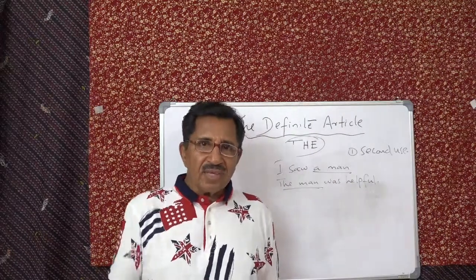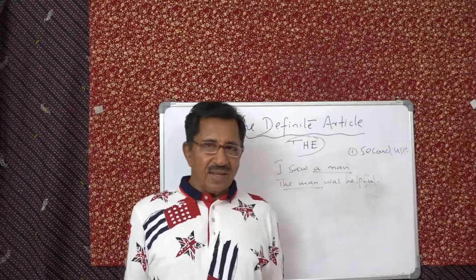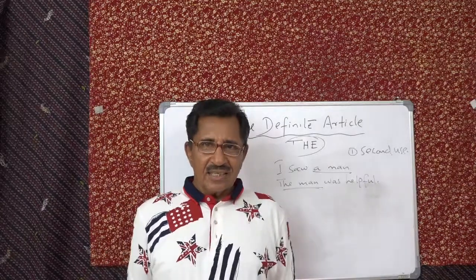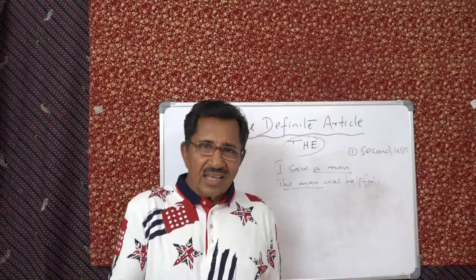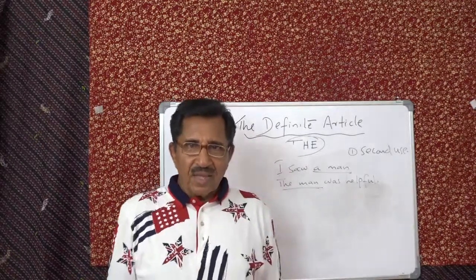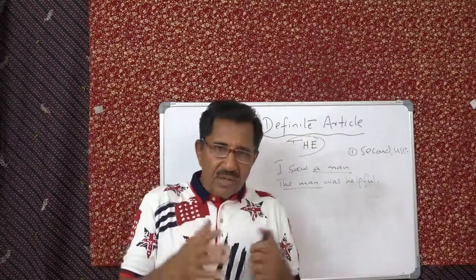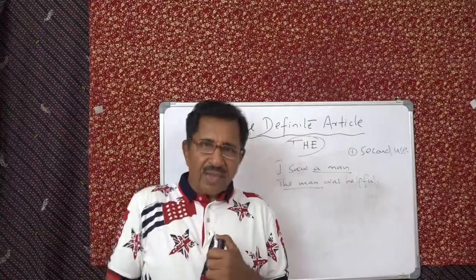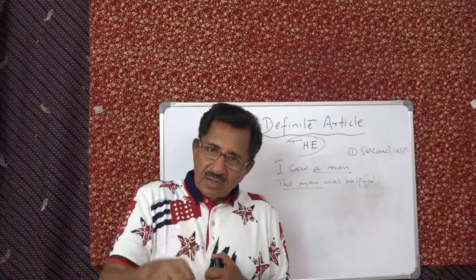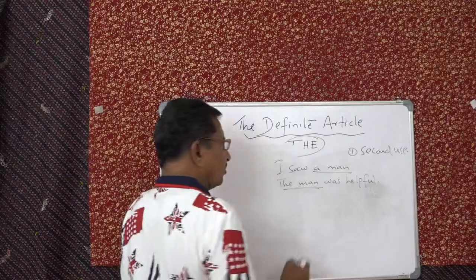The man was very kind. Or there was a teacher. The teacher was very loving. So second time, first you use general sense. Then immediately you are specifying that. So when you are specifying, you have to use the. Understand? Yes. So this is the rule of second use we can say.